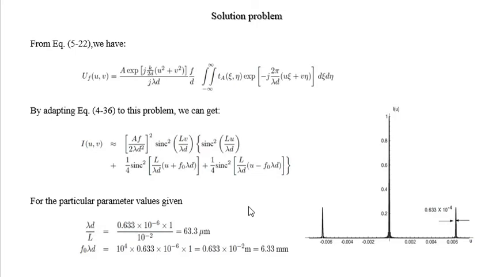By decreasing d, the scale of the transform is made smaller. A plot of the normalized intensity pattern is shown by this figure, which is on the right side, with all distances expressed in meters.